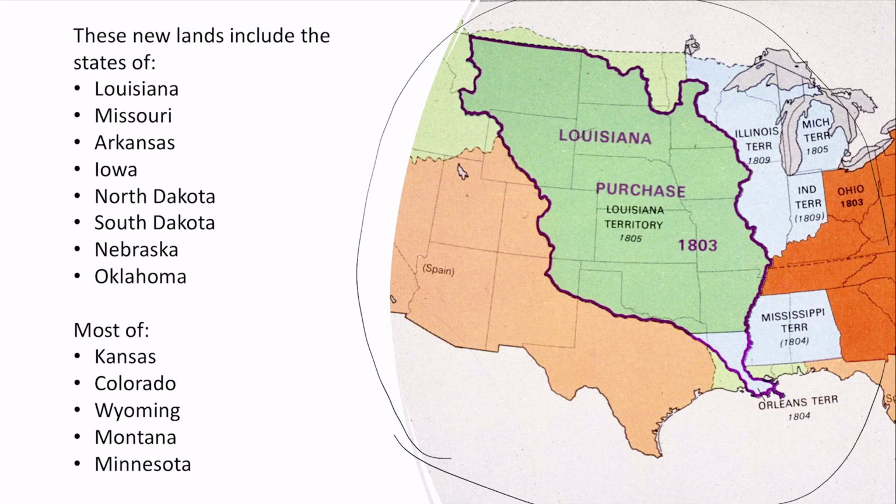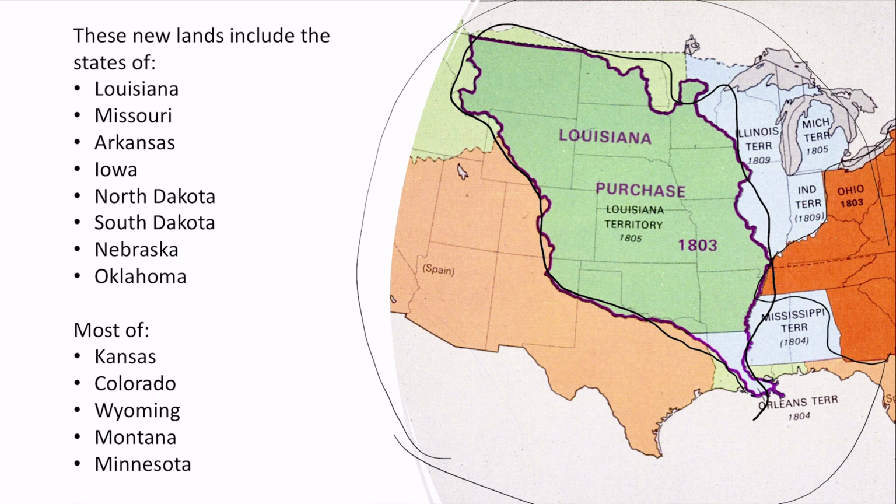So this is a modern map that's put on top of this historical map, and we can see here, this large area is the Louisiana Purchase. And here we can see those existing states, or the states that were a part of the United States at this time. And here in blue, we can see these different territories that existed. They weren't states yet, but they were territories.